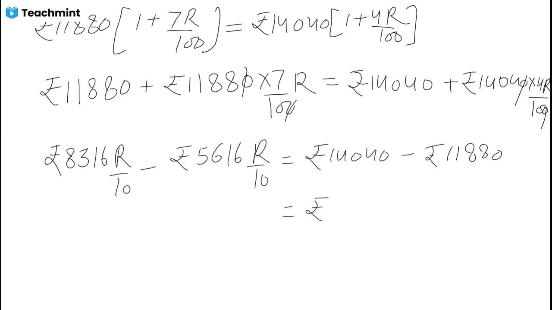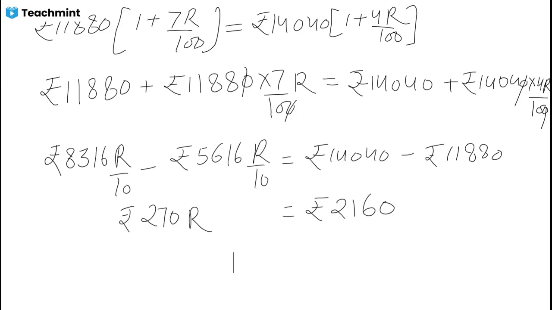So we have here 2160, and let us subtract this 8316 minus 5616. On the left side we have 270 r after dividing by 10.